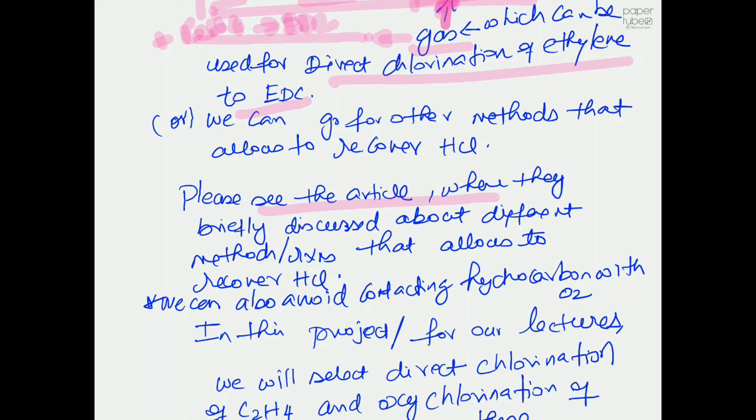It's up to you to select which process to use, but you should first be convinced: okay, I'm going to go with these three different processes for so and so reasons.